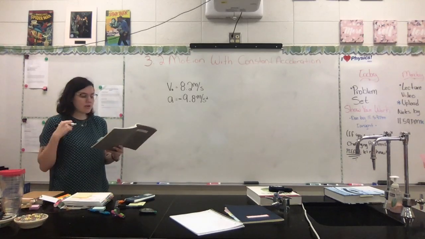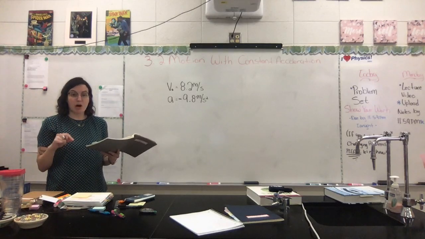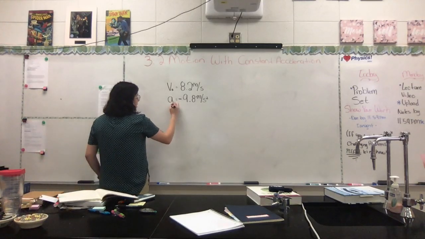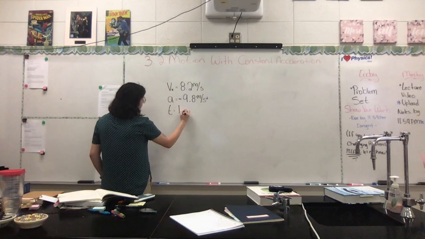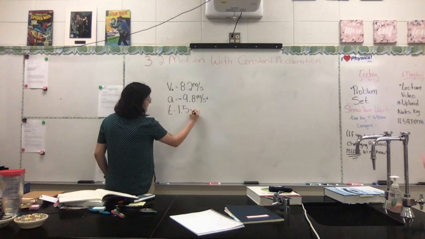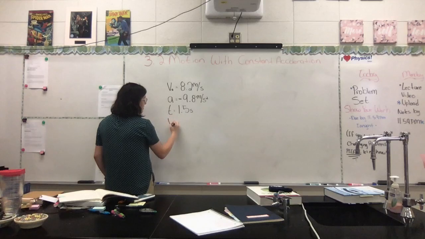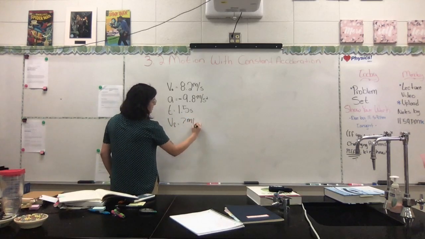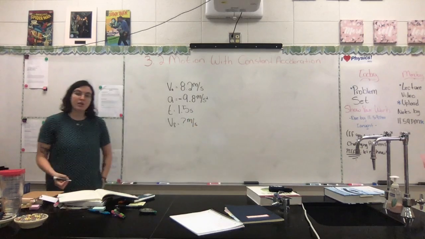So what we want to know is the velocity of the ball after 1.5 seconds. So our time is going to be 1.5 seconds, and what we want to know is the final velocity.